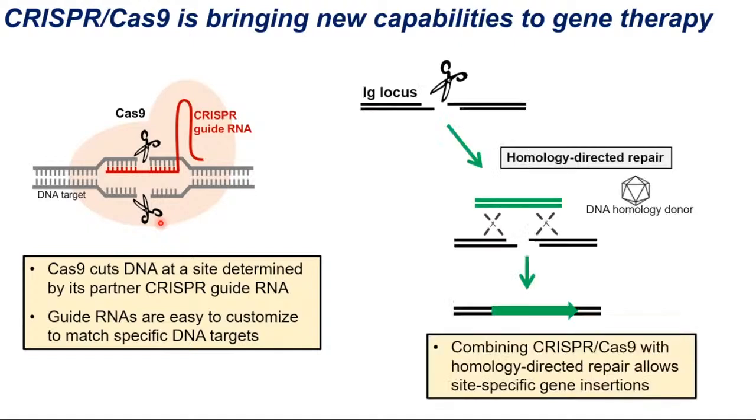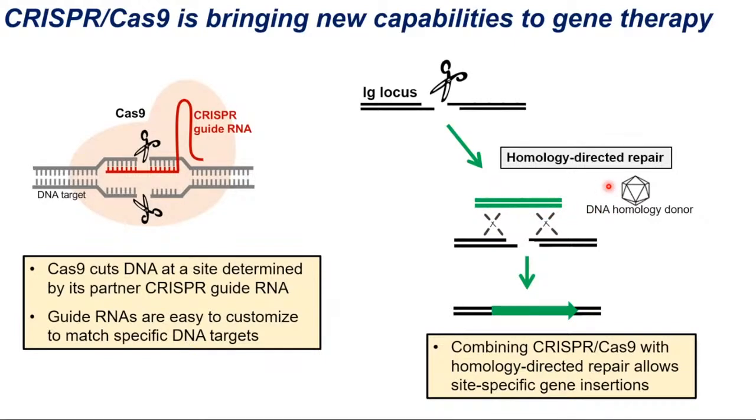And as a result of that, we can use the natural processes of how the cell repairs a DNA break to force it to insert our new genetic material, in this case, the immunoglobulin locus. This DNA break is repaired by patching from what we call a DNA homology donor that we introduce into the cell.